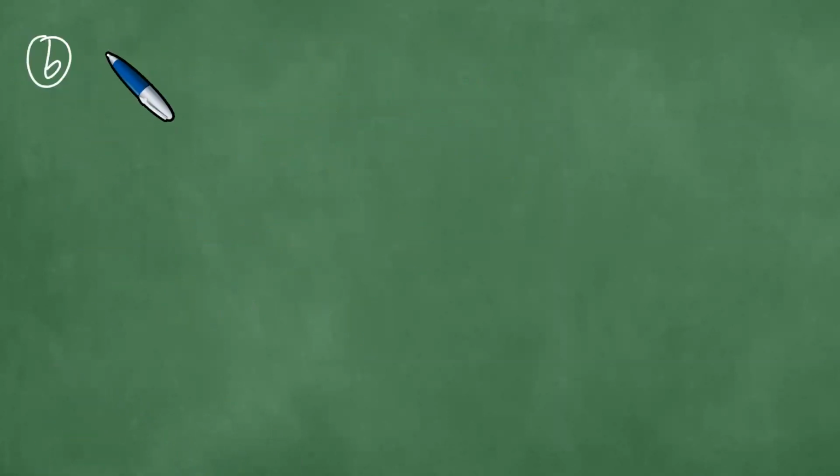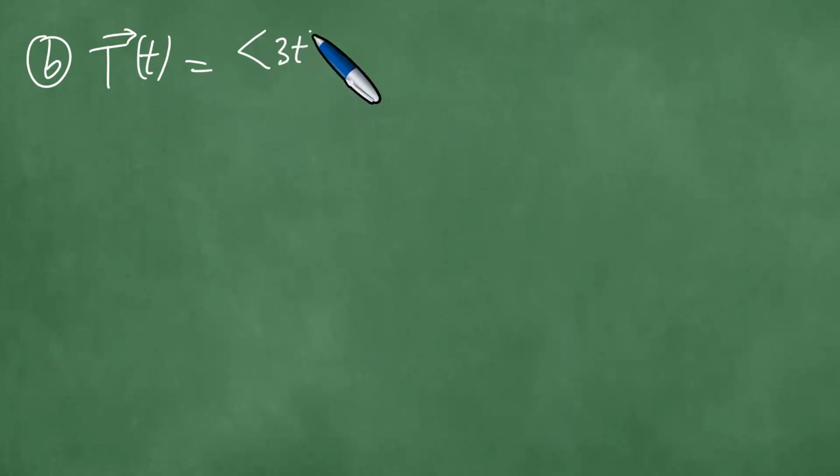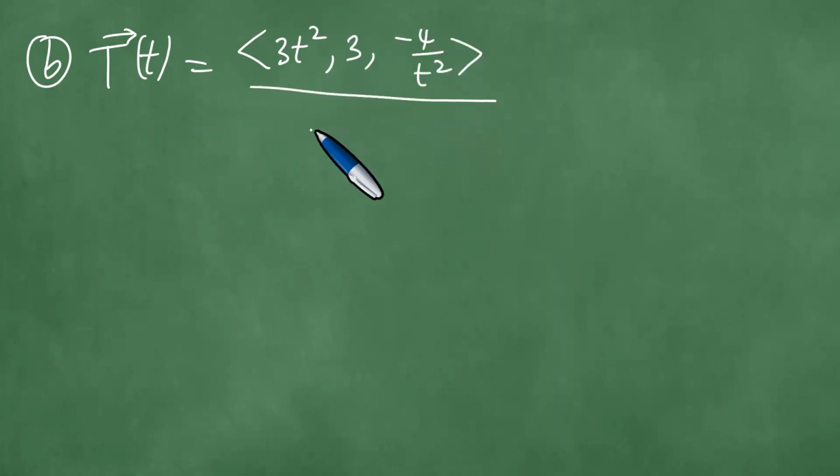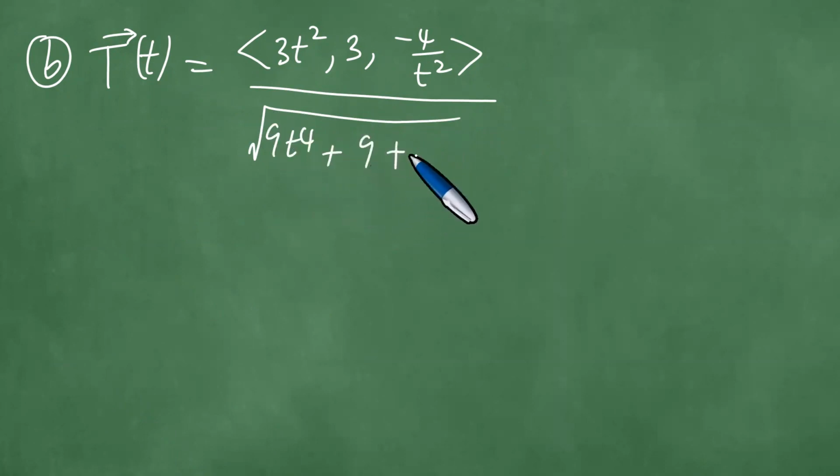Remember, we are still looking at part B, so this vector is 3t squared, 3, minus 4 over t squared. We divide by the square root of 9t to the 4th power plus 9 plus 16 over t to the 4th power.